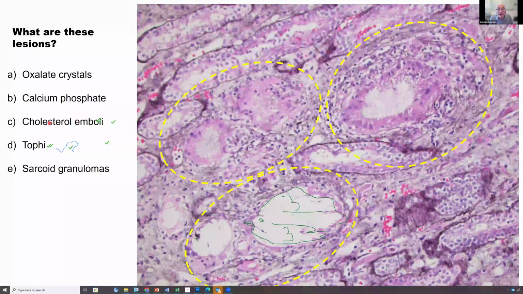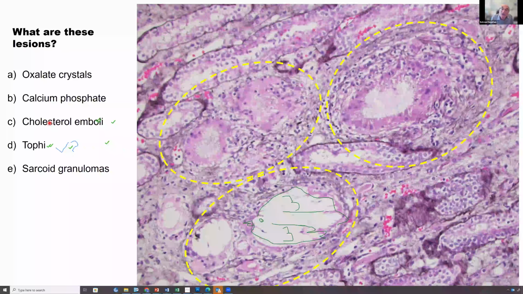And when we're talking about cholesterol emboli, we're saying emboli, so we need to see them predominantly in vessels that have media, smooth muscle cells, in the arteries or arterioles. But sometimes I agree, we have cholesterol clefts in the tubules, and around the tubules we have reaction, which may make it a little bit difficult to tell apart those two conditions.